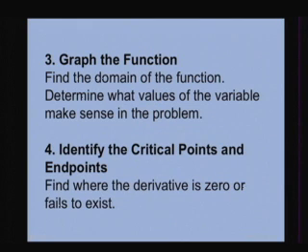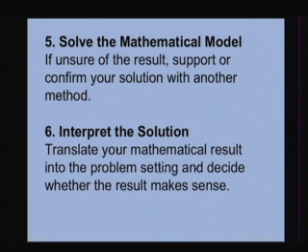Number 3, graph the function. Find the domain of the function. Determine what values of the variable make sense in the problem. Number 4, identify the critical points and endpoints. Find where the derivative is 0 or where it fails to exist. Number 5, solve the mathematical model.